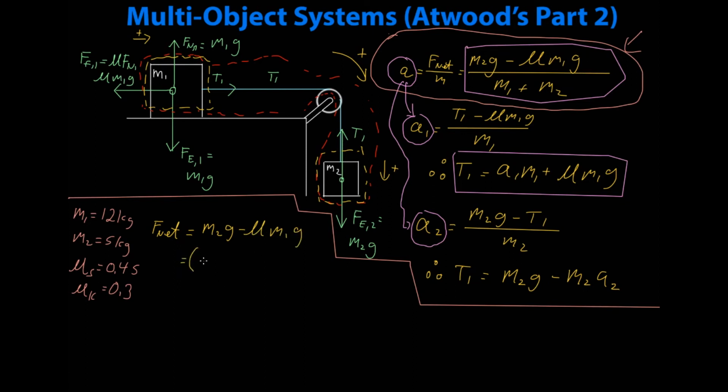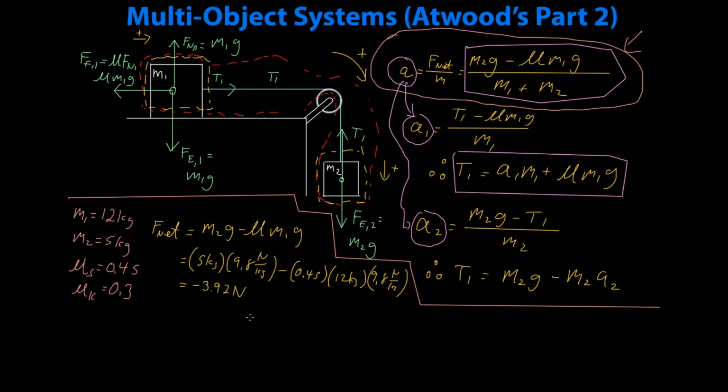That would be 5 kilograms times 9.8 newtons per kilogram minus 0.45 times 12 kilograms times 9.8 newtons per kilogram. If I do this, I would get negative 3.92 newtons.